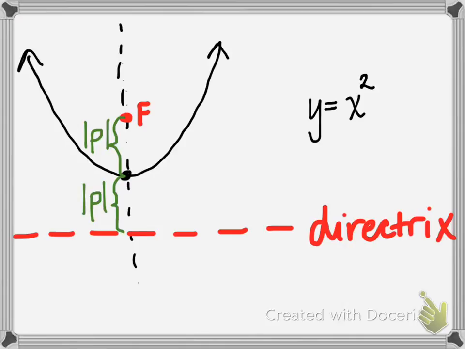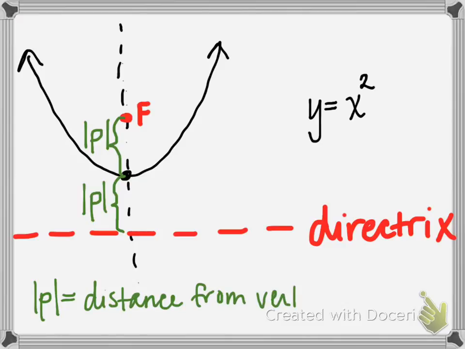So we really define the absolute value of p as the distance from the focus to the vertex of a parabola, or the distance from the vertex to the focus, if we want to begin at the focus. And then that's also the distance from the vertex to the directrix.